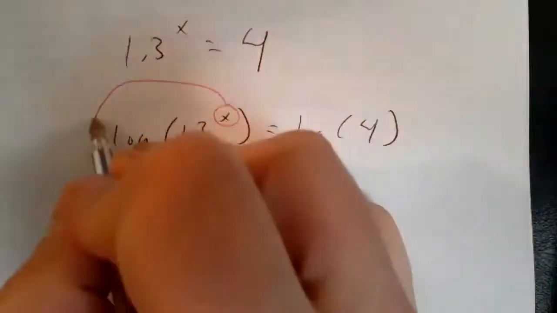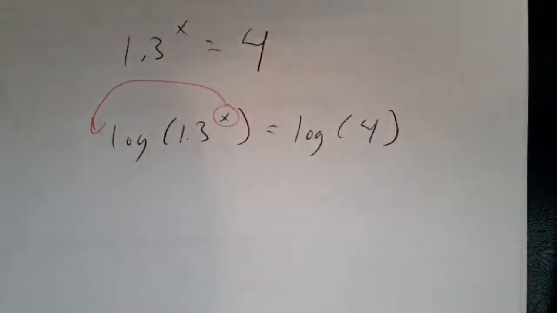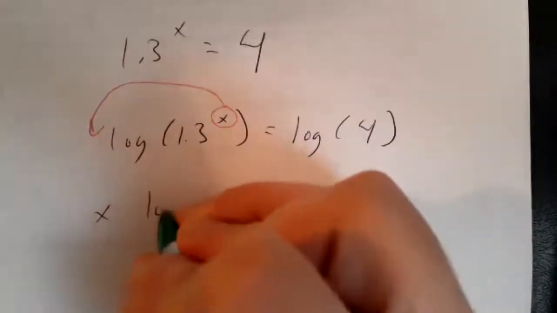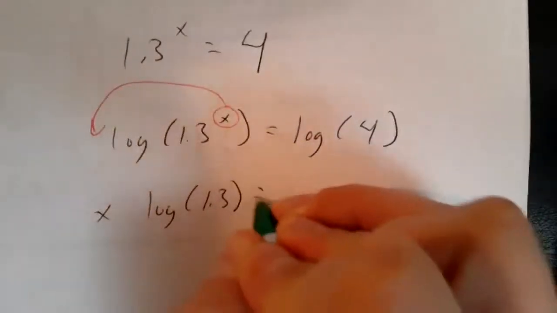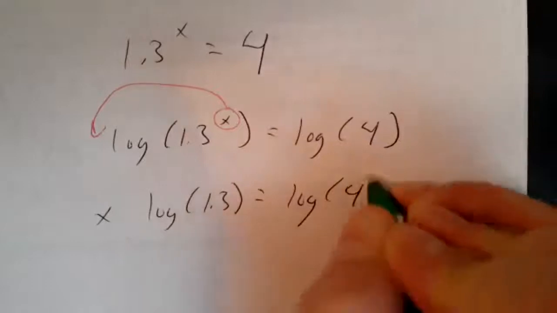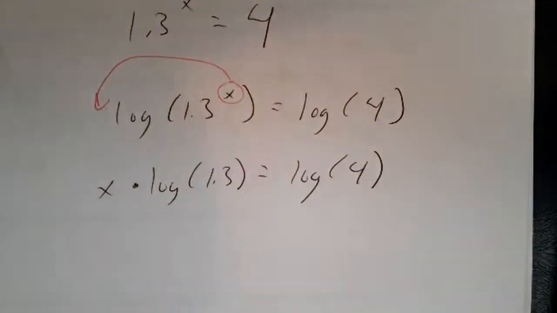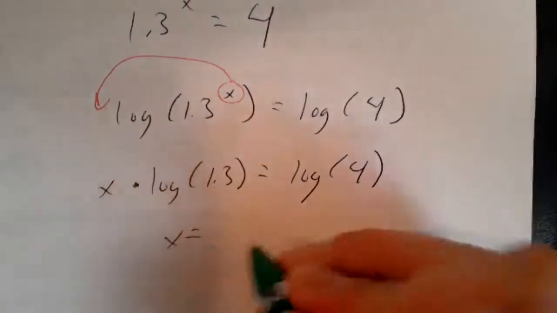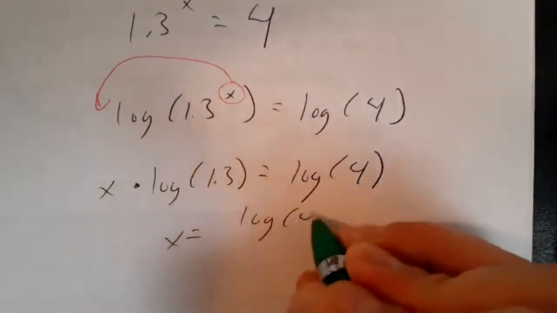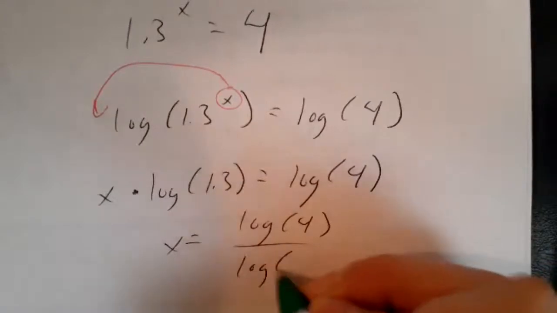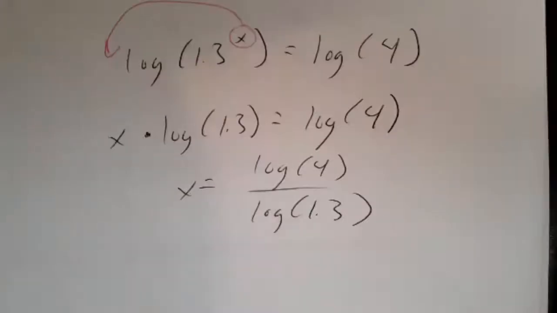So we know this is an exponent. This can come down in front. And so x times the log of 1.3 will equal the log of 4. And now this is multiplication. The opposite of multiplying is to divide. You're essentially going to get the same thing as the previous problem, just written out as a kind of change of base sort of thing, right?